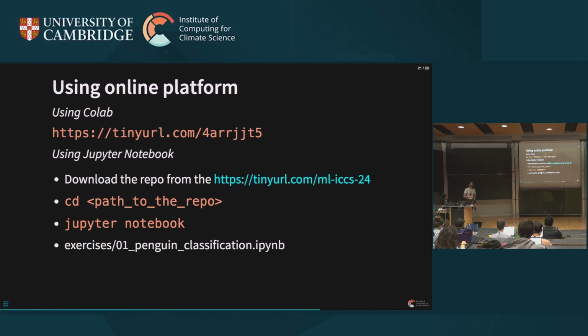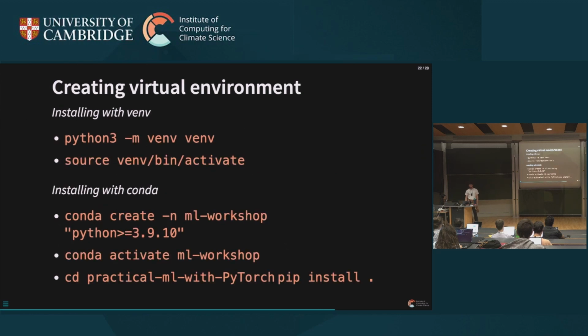So if all else fails, people can just use Colab. I can distribute this link later if people are having serious difficulties. But what I want people to do is to try to deploy the code locally. So we have a slide on this. You can do one of two things.